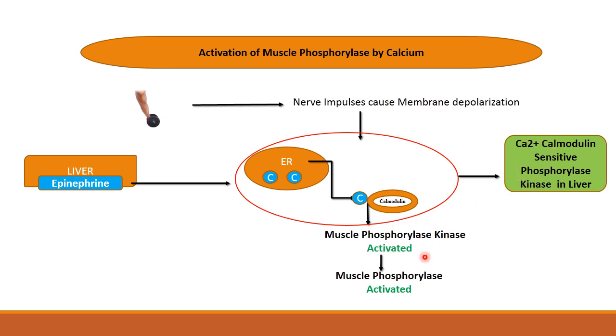In muscle it is muscle phosphorylase kinase, and in liver it is calcium calmodulin sensitive phosphorylase kinase, which in turn will activate the hepatic phosphorylase. So this is how calcium plays a key regulatory role in glycogenolysis in muscle.